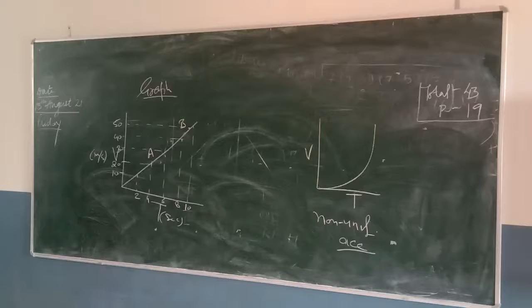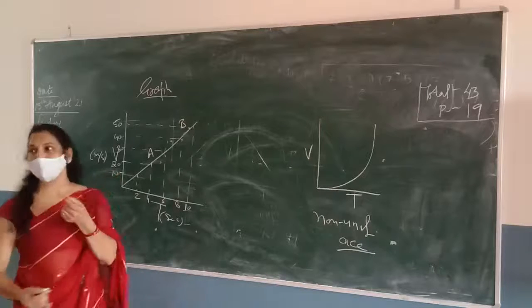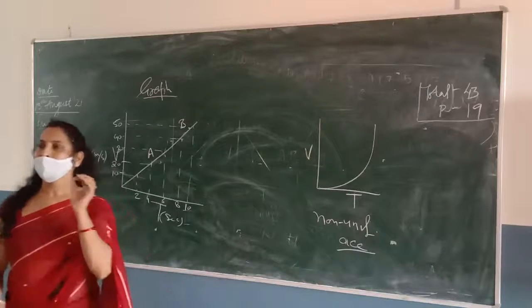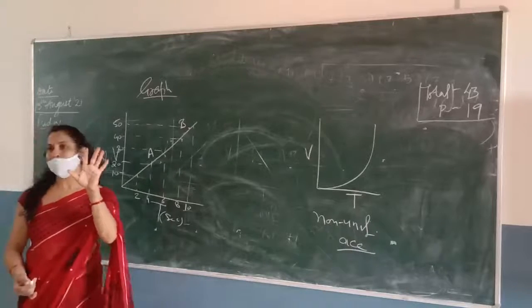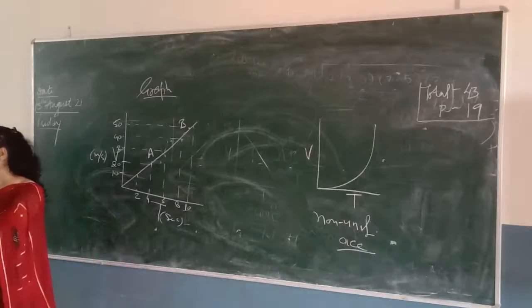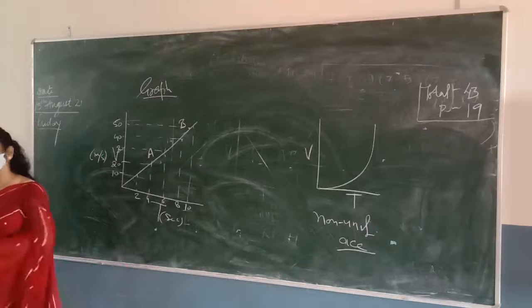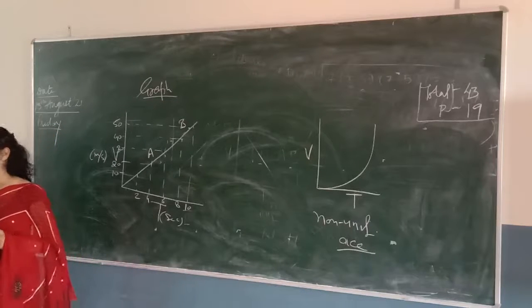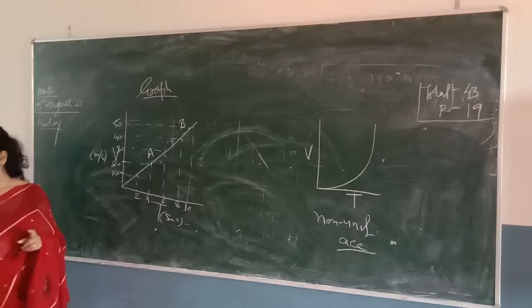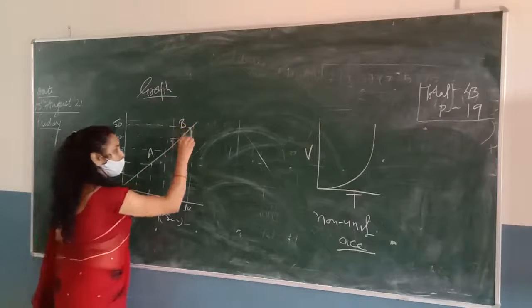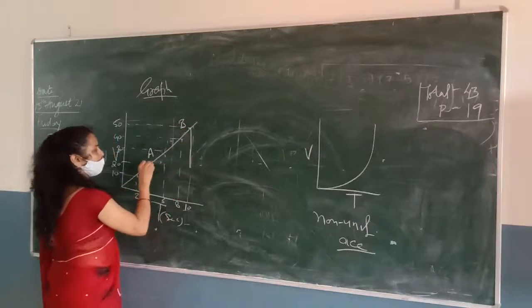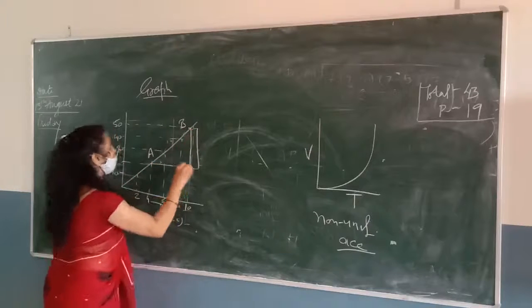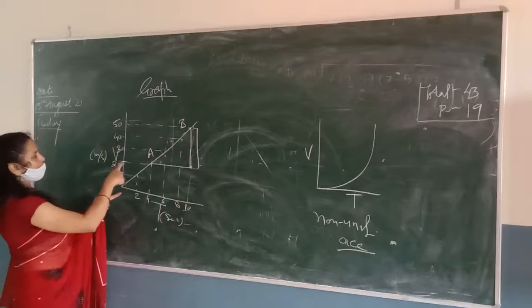So in this graph, this is the velocity time graph and you have to calculate acceleration. How can we calculate acceleration by using the VT graph? Yes, Karthi. Slope of the graph. So for calculation of acceleration by using the VT graph, we will find out slope of the graph. Slope is perpendicular upon base. So this perpendicular is how much? It is 50 minus 20.